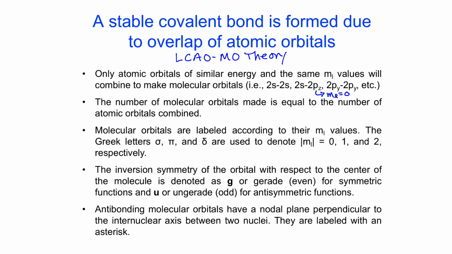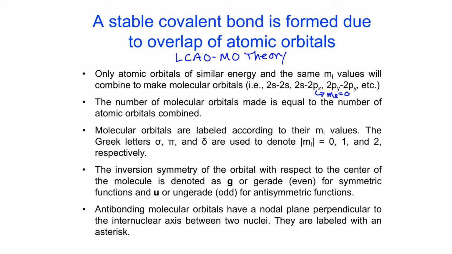All right, and lastly, our anti-bonding molecular orbitals are going to have a nodal plane, which is perpendicular to the internuclear axis between your two nuclei. We label our anti-bonding molecular orbitals with an asterisk, and again, this is just reminding you that you can have a node in your molecular orbital that does not necessarily indicate that it's anti-bonding.